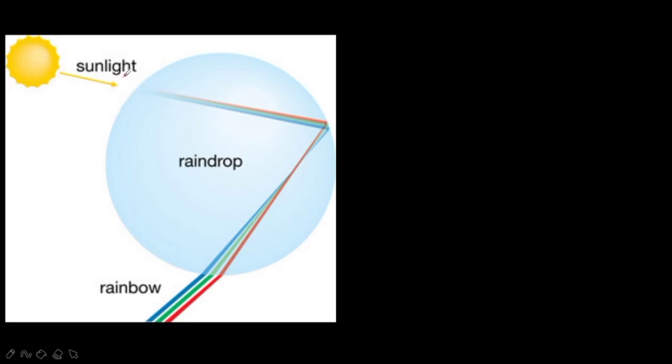So here the light rays get refracted. After refraction, they bend at different angles, and then here these lights get reflected. After reflection, they move in this way. Again they get refracted and they show different colors. So this happens in a raindrop to form a rainbow.